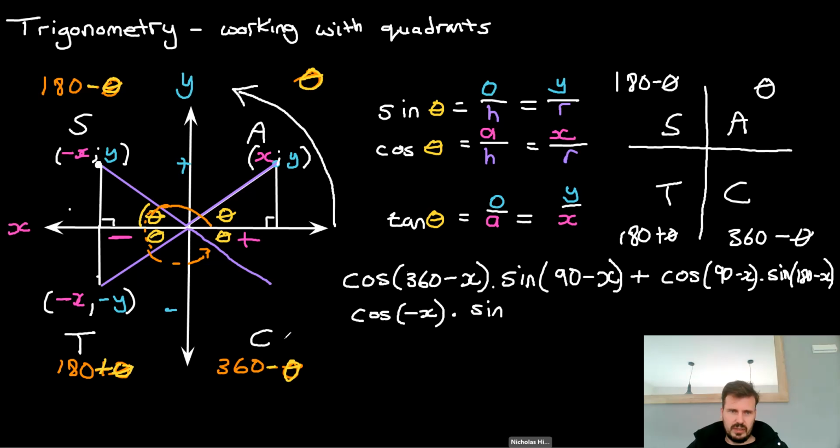By the way, that would change to cos. We see the cos is positive, so that's why I changed it to cos positive. 360 minus x is actually just cos x, because it's 360 minus theta, so our theta is x. Sine 90 minus x is also cos x.